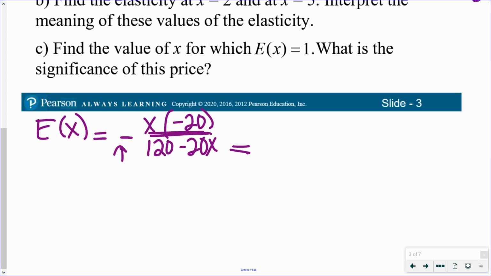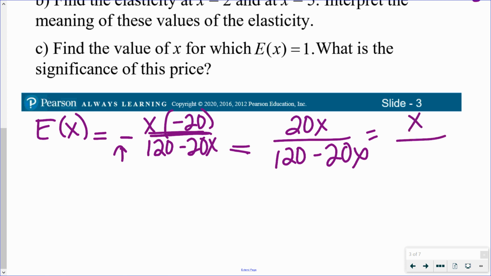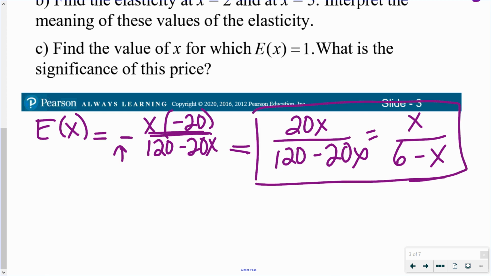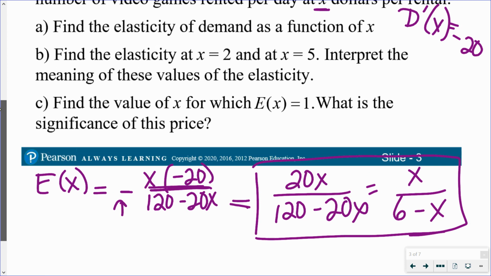It can't go in both. So I'm going to go ahead and move it to the top. So I have negative x times negative 20, which gives me a positive 20x over 120 minus 20x. And that does simplify to x over 6 minus x. Okay, so that is our elasticity as a function of x, one of those two formulas.